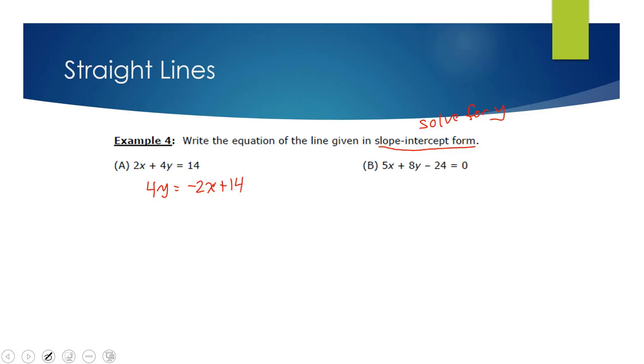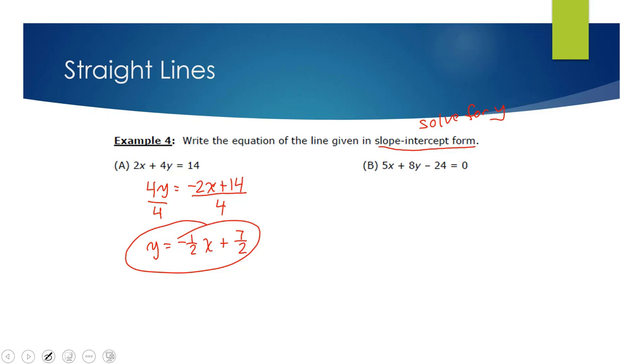I have to keep in mind that I'm dividing this entire quantity by 4, and there's 2 terms in it. Division gets distributed much like multiplication does. So negative 2 divided by 4 is negative 1/2 x. 14 divided by 4 is the same thing as 7/2, so you can write it as 3.5 if you want. But there you have it.